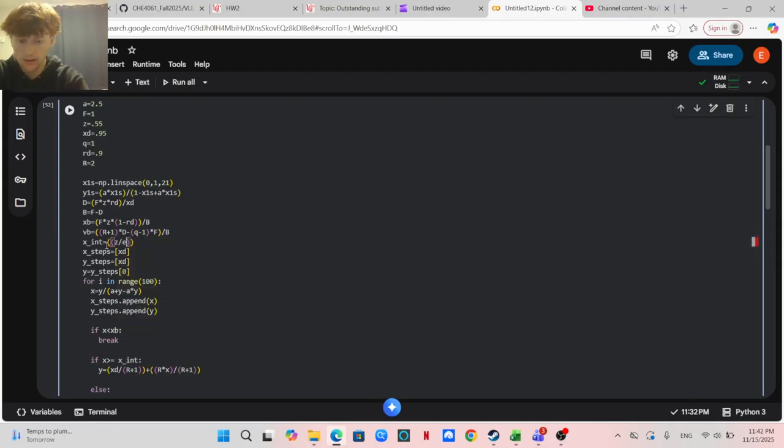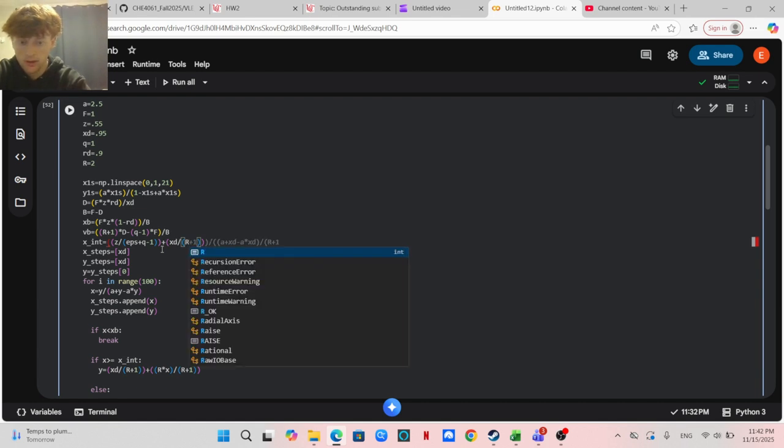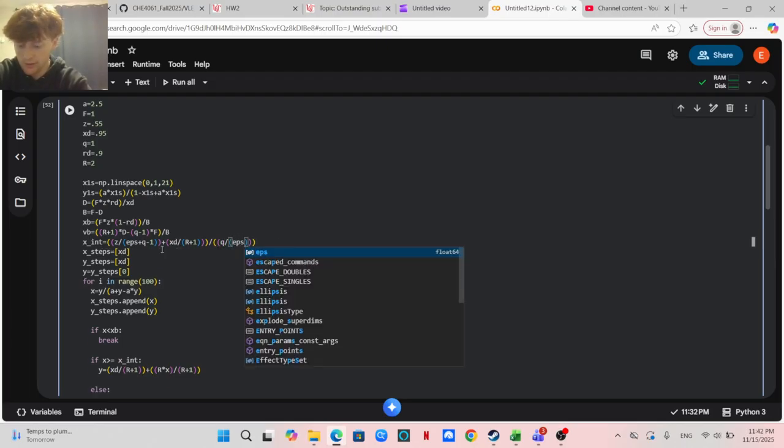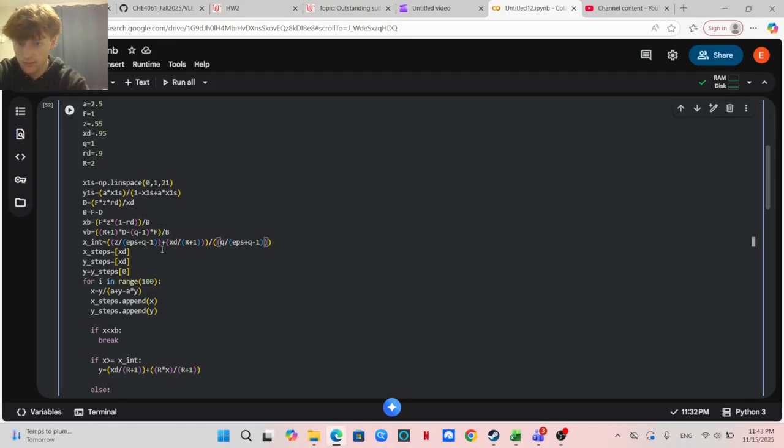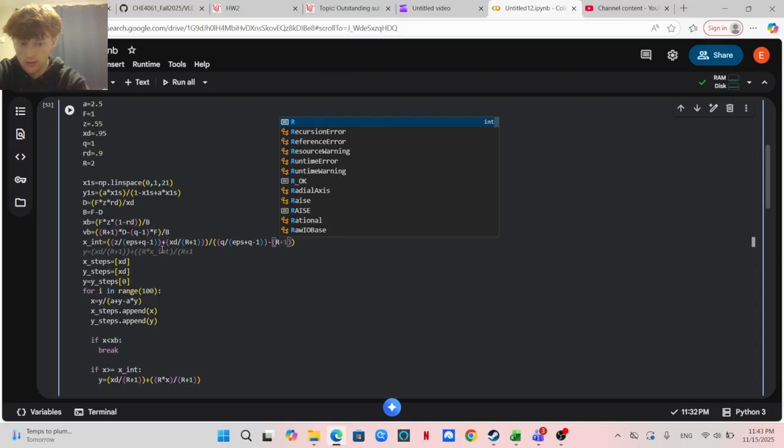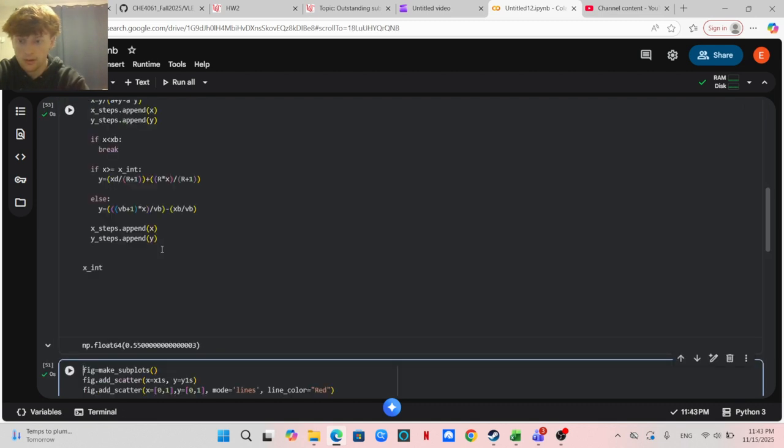So we have z divided by our EPS plus our q minus 1, and then we're going to have plus our xd divided by our r plus 1, then divided by q divided by our EPS plus q minus 1, and then we're going to have minus r divided by r plus 1. Okay, shift enter. Okay, so there we go.